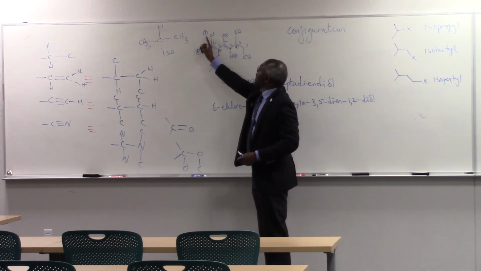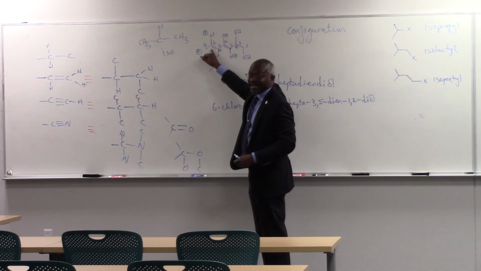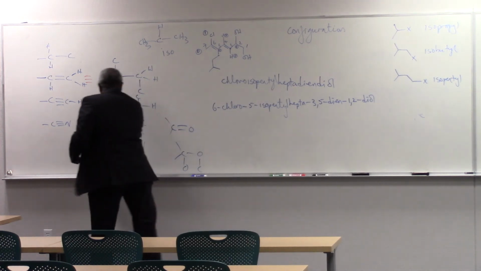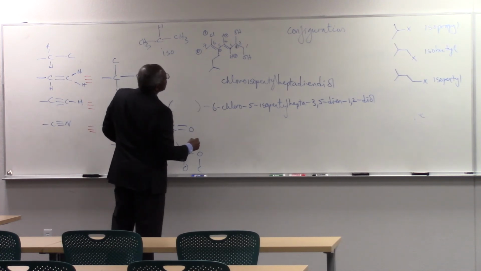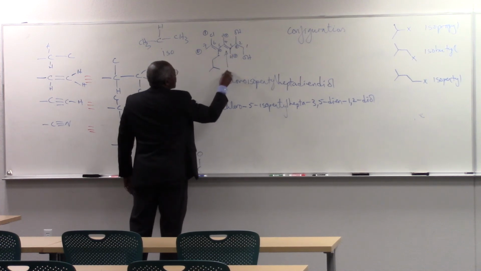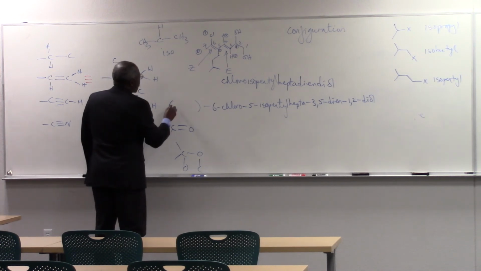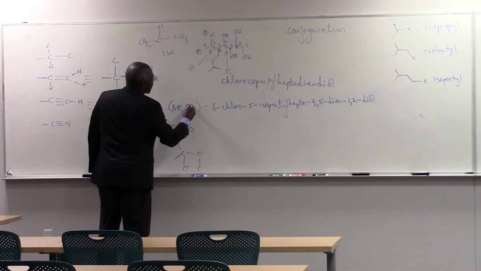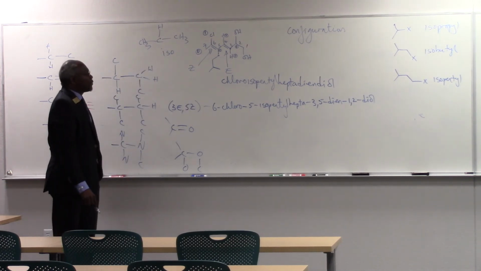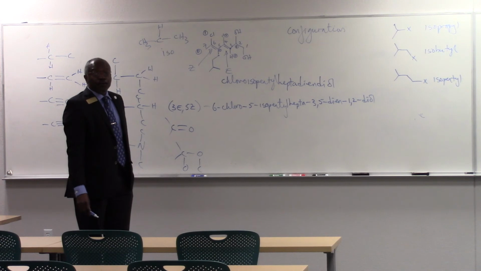So here my groups of like priority, 1 and 1, are on the same side, and so this side will be Z. So I would call this compound, one was E. So this one was E, and this one is Z. So I would call that 3E, comma, 5Z, 6-chloro, 5-isopentyl, hepta-3,5-diene, a 1,2-diol.